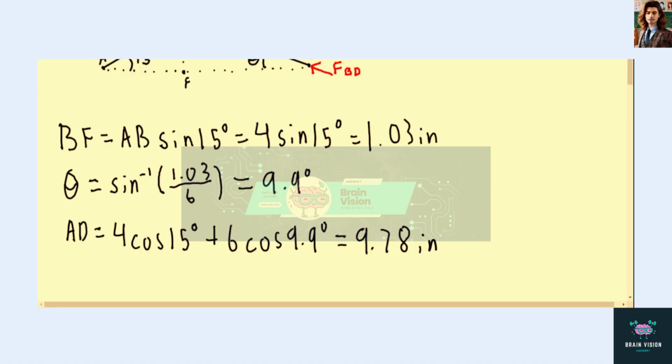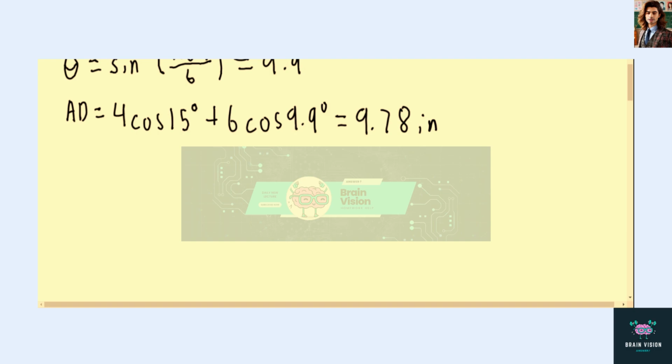And next we can write out the following relationship. The sum of all moments about point A is equal to 0.